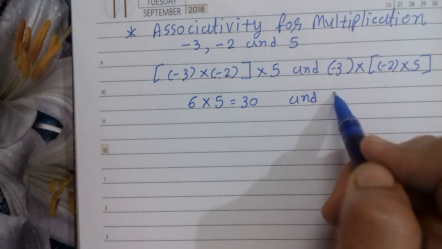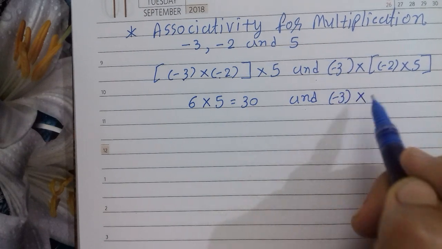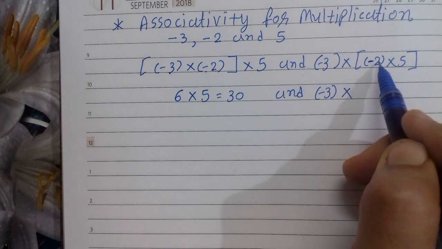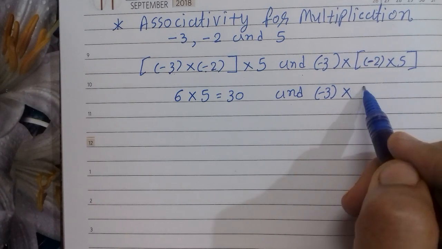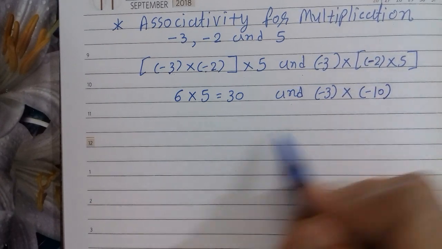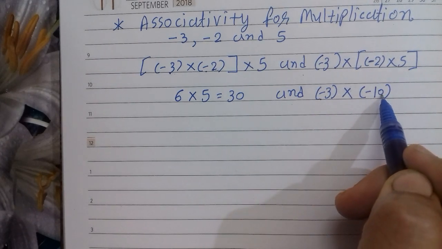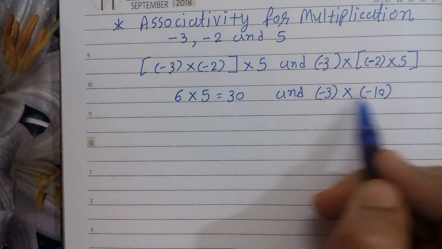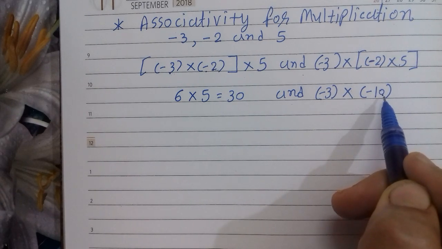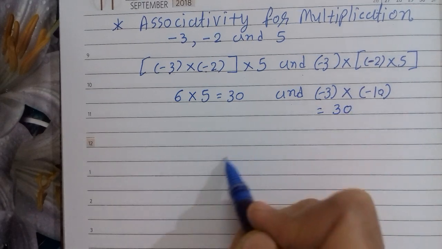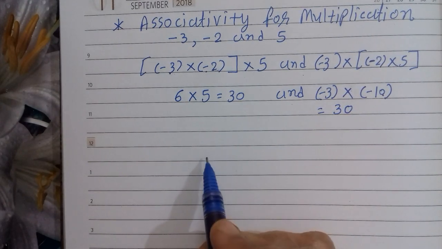And here minus 3 multiplied by minus 2 into 5. Here only one negative integer, so you get the negative integer as a product. Minus 3 into minus 10. Number of negative integers are 2, even number. So you get the answer in plus.